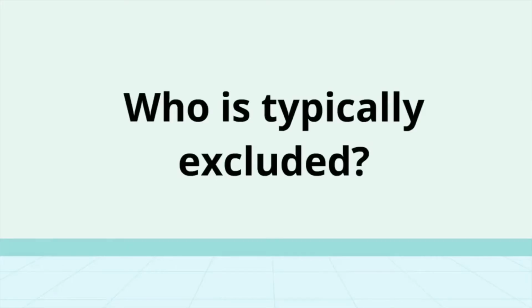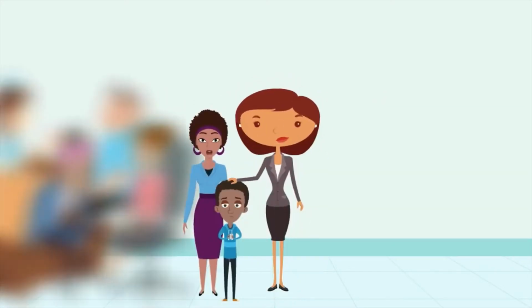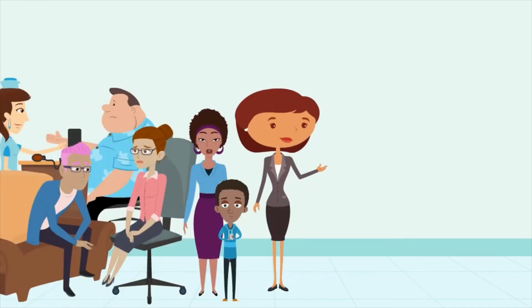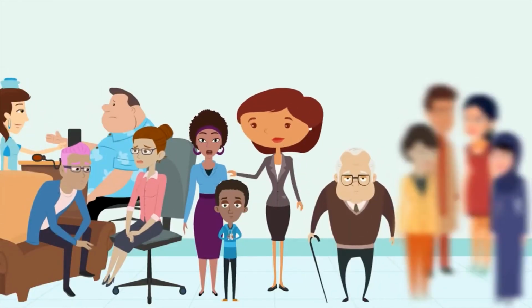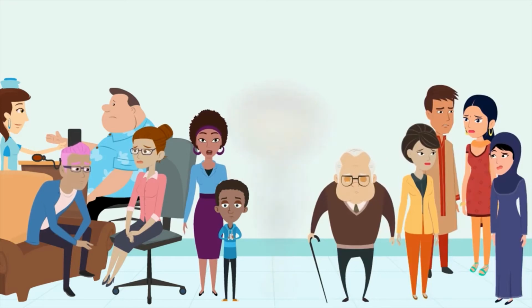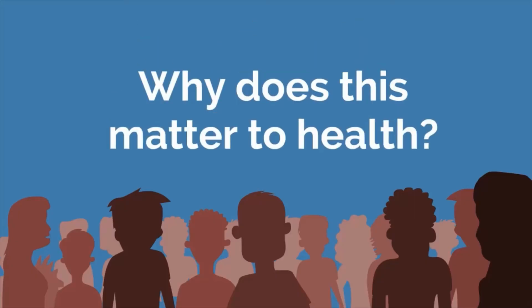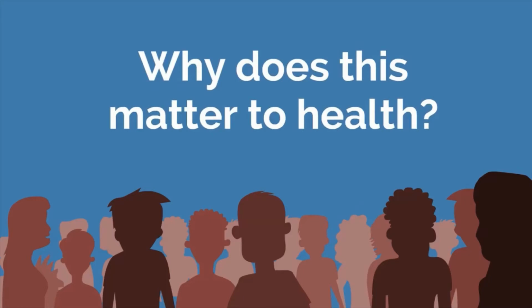From this definition, we can see who are typically excluded socially, including single parents, people who have long-term health conditions or disabilities, elderly people, and people from culturally and linguistically diverse backgrounds, to name only a few. Why is this important? Why does this matter to health?